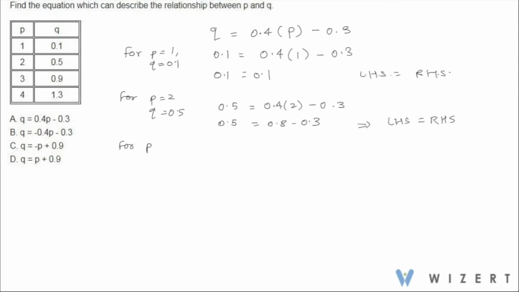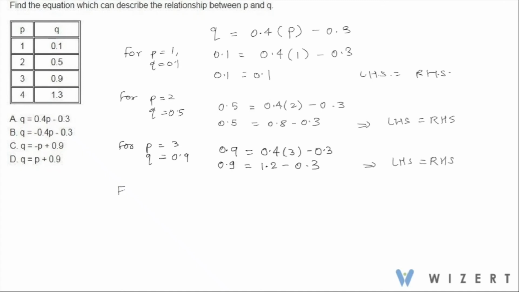For P equal to 3, Q equal to 0.9, we have 0.9 equal to 0.4 into 3 minus 0.3. So 3 into 0.4 is 1.2 minus 0.3, which again gives us LHS equal to RHS.